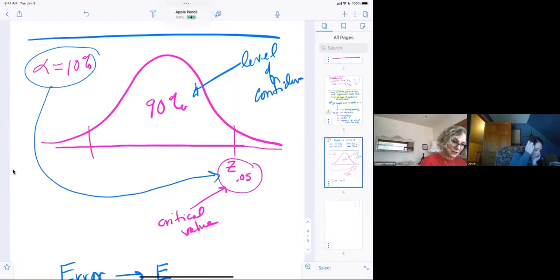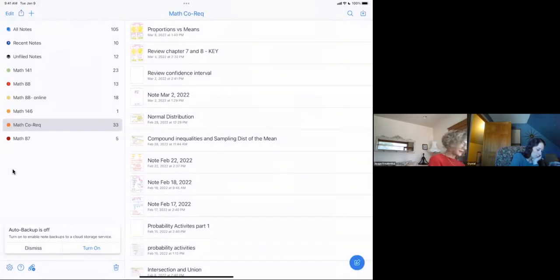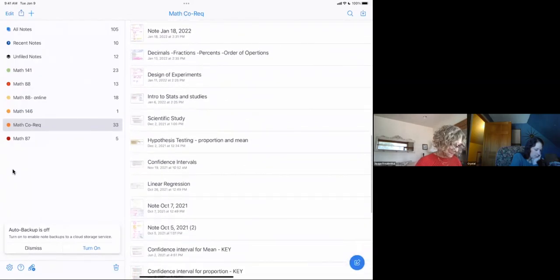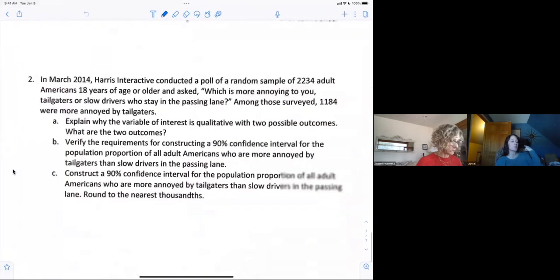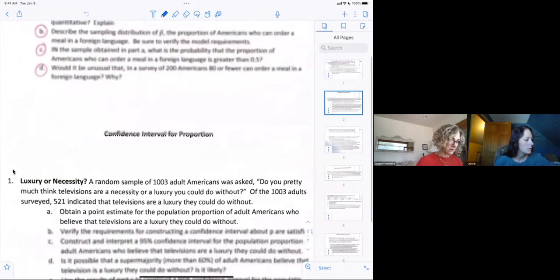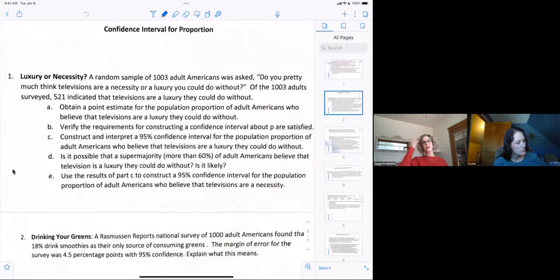Okay, let's move into those problems now. Let's look at proportions first. So luxury or necessity. Okay, so this is the one I'm looking at.